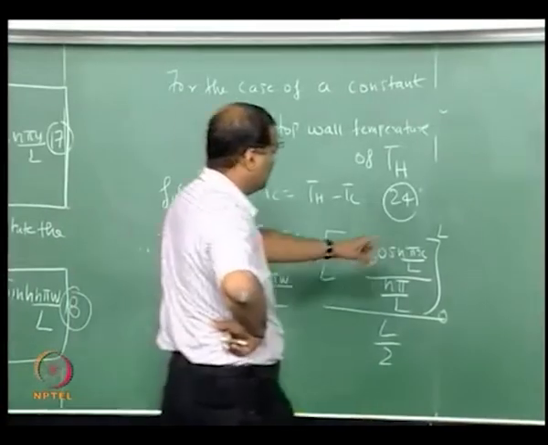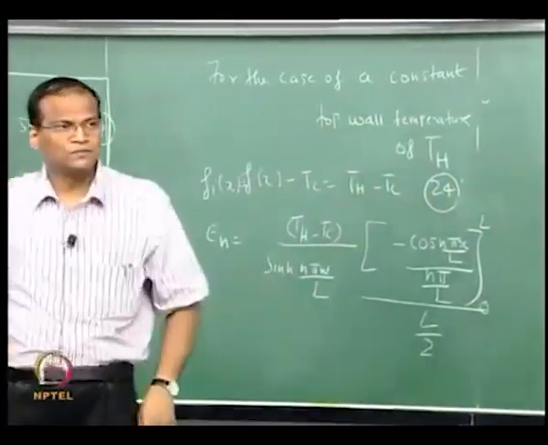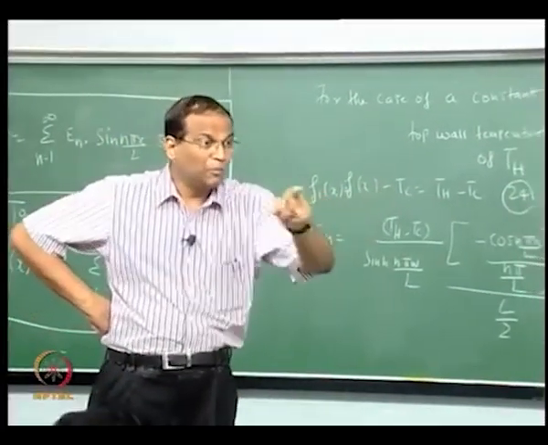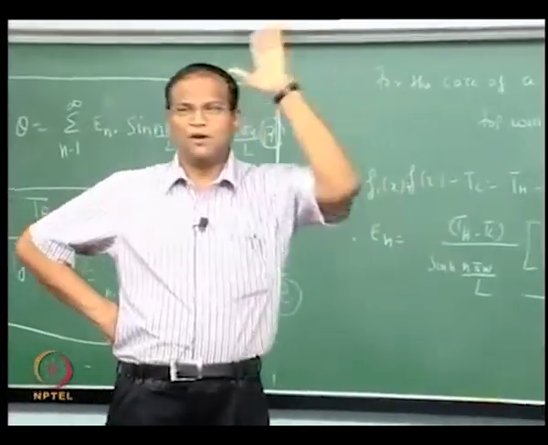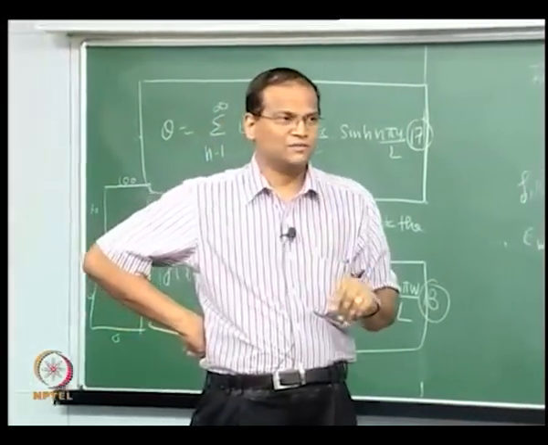Cos of 0 is 1. Upper limit will keep on changing. Why? Odd and even it will change.